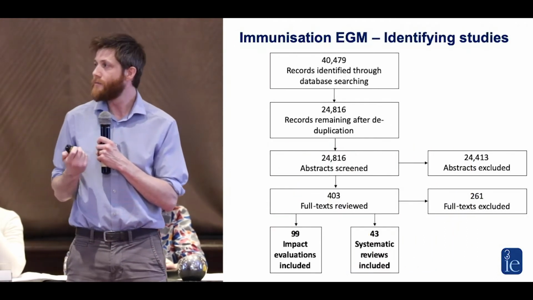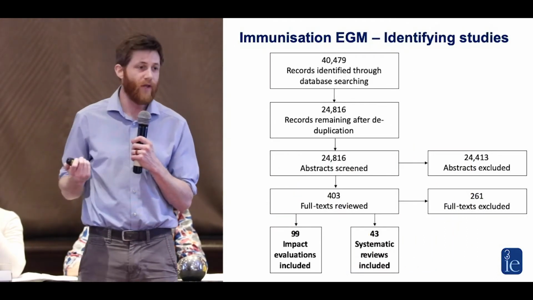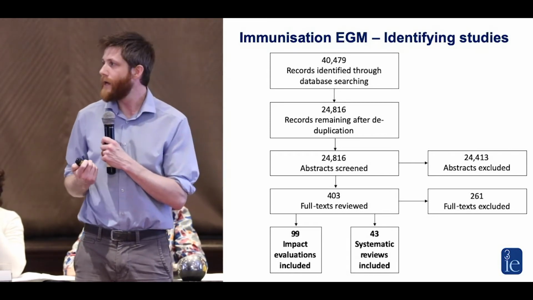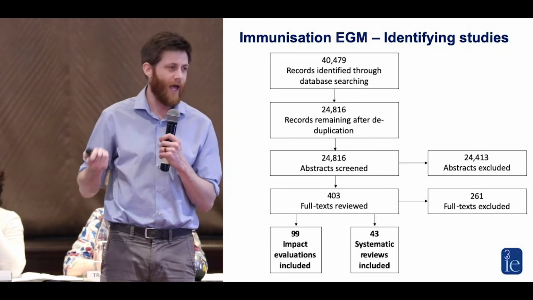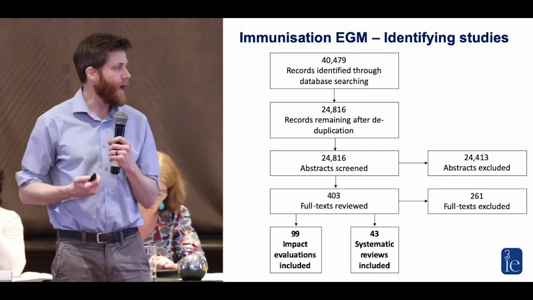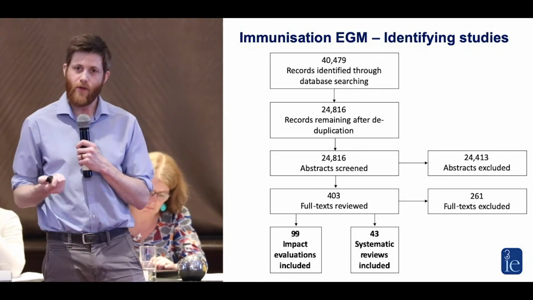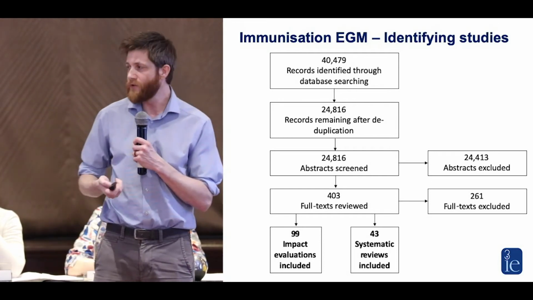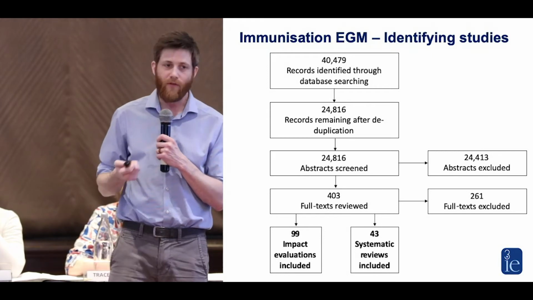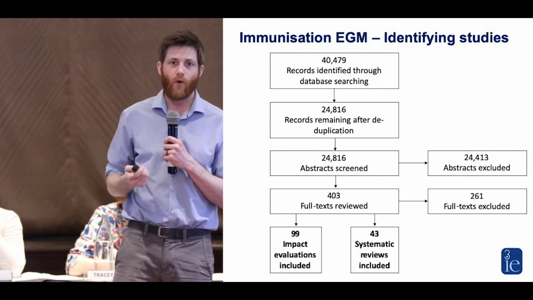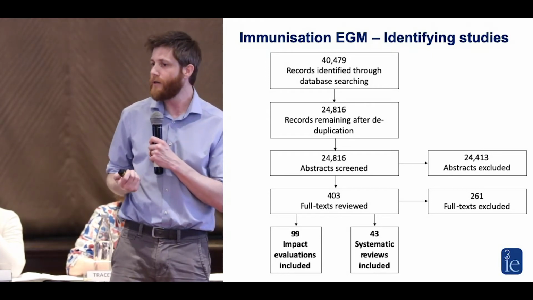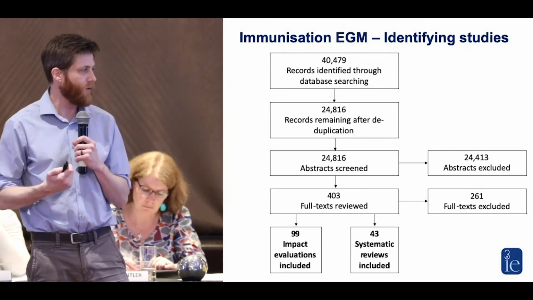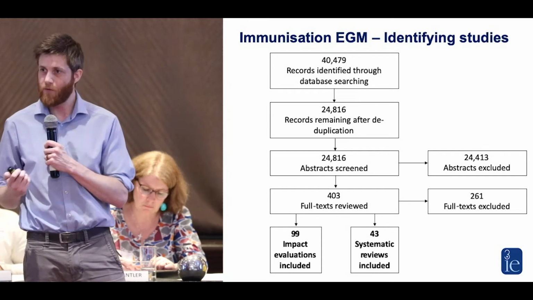Just to give some numbers, we started out with over 40,000 records retrieved from the academic search. After deduplicating, we had about 25,000. We looked at just the abstracts of those and identified about 400 where we reviewed the full text. After assessing each one according to the inclusion criteria, we identified about 100 impact evaluations and 43 systematic reviews.